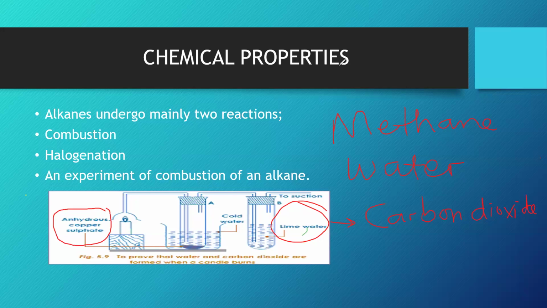Sorry? Yes, Aaron. The solid changes from blue to pink. Very good. So it turns from blue to pink. So when you use cobalt paper, you expect that it will turn from blue to pink.